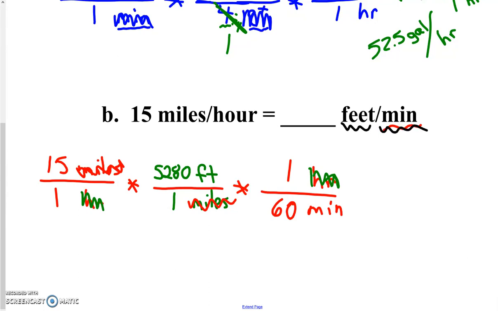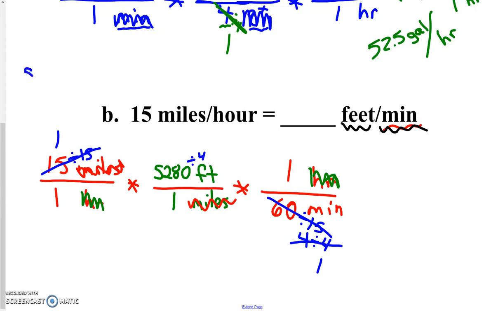Again, we could multiply first or multiply last, simplify first or simplify last. I'm going to try to simplify first. I know 15 divided by 15 is 1, and 60 divided by 15 is 4. Let's see. It looks like I can do some more division. I'm going to do 4 divided by 4 to get 1, and 5,280 divided by 4.